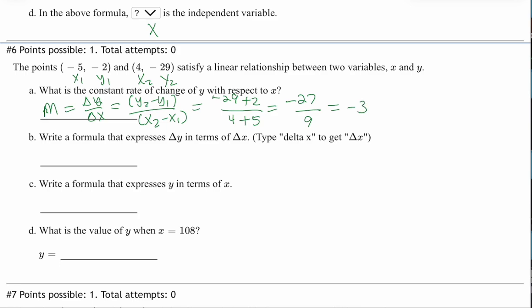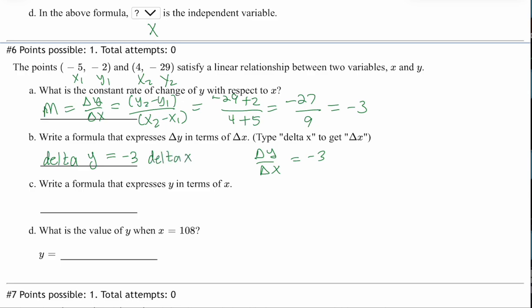Now it says to write a formula that expresses delta y in terms of delta x. Okay, so we know that delta y over delta x is negative 3. So what they want is for you to write delta y equals negative 3 delta x.